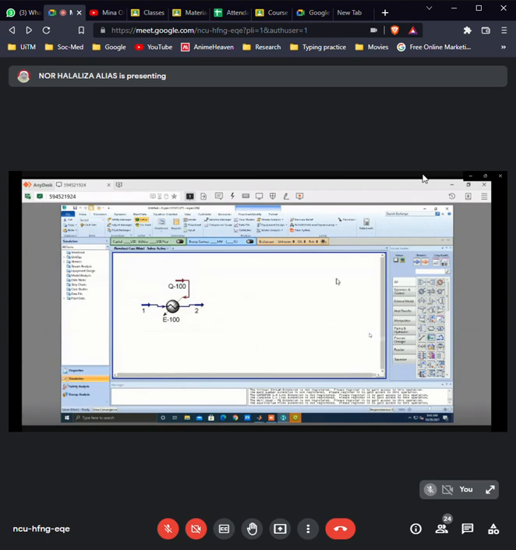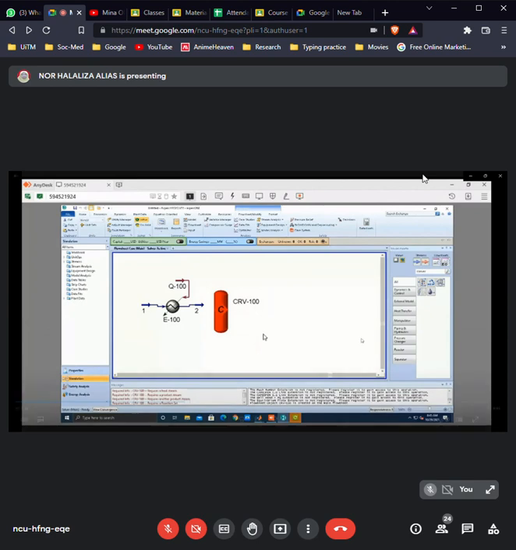Then you have to type it here lah. Type conversion. But this is a conversion reactor. Okay. On the first one, you just type in conversion, it will come up. So I'll just drop the reactor here.